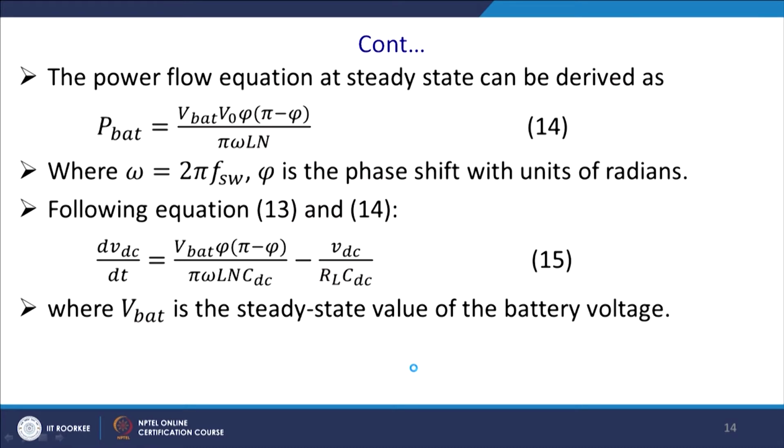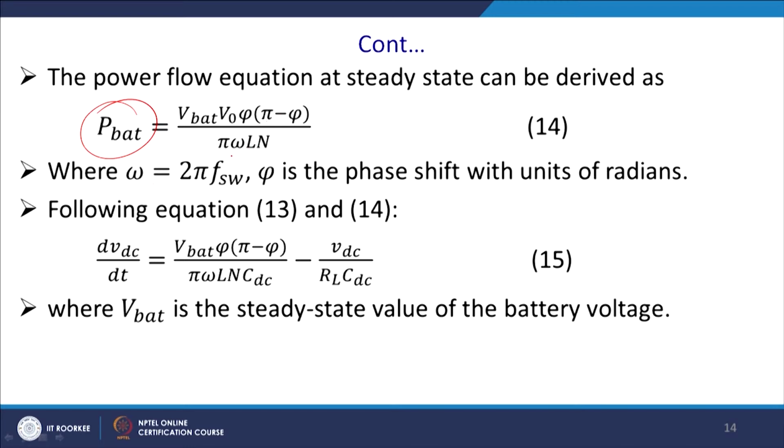And from there what we can say is the power flow equation at the steady state. The power flowing from the battery is the battery voltage plus output voltage, into psi, pi minus psi, divided by 2 omega L_n, where this omega is not the frequency of the grid.